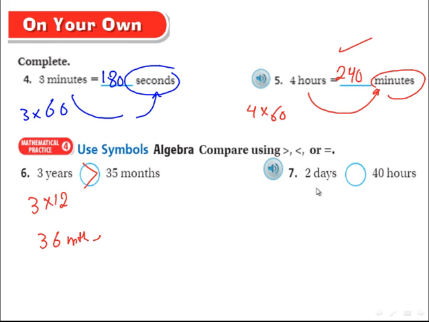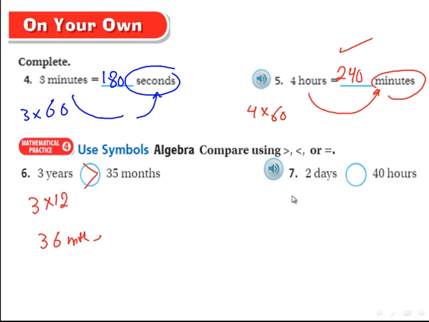Question 7. 2 days and 40 hours. I couldn't know directly. I should convert from days to hours. I'm going to ask myself, how many hours in 1 day? There are 24 hours in 1 day.